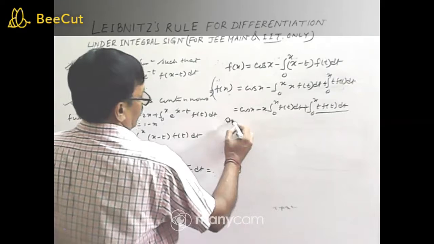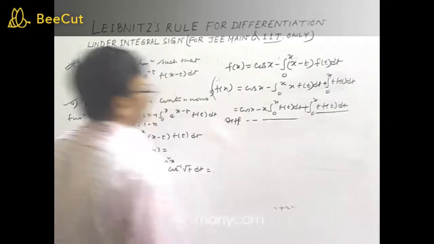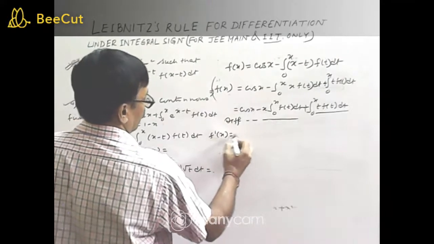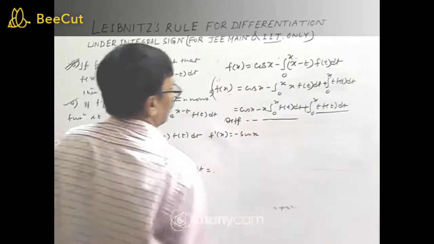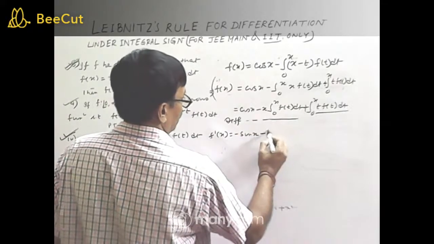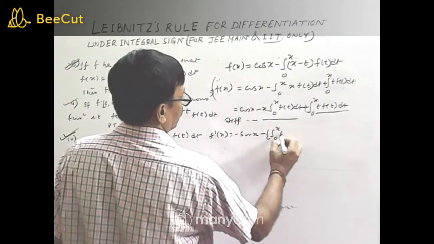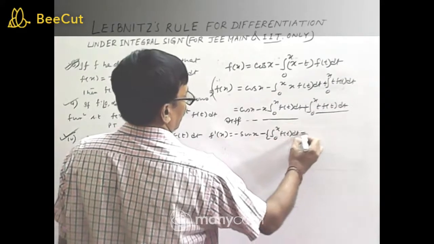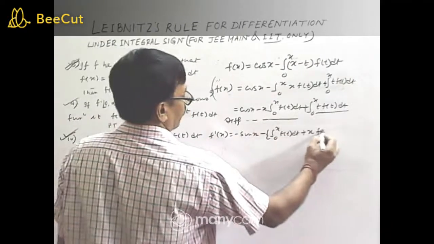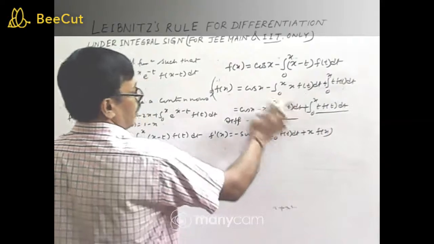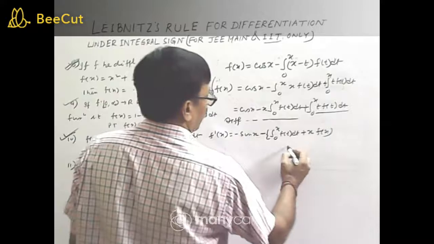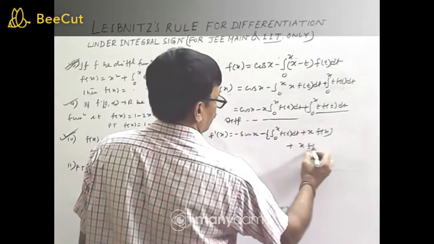So now we can differentiate it, differentiating both sides with respect to x. Now what is f dash x? Minus sin x, and the derivative of this by product. Derivative of x is 1, so integral 0 to x f(t) dt plus x unchanged, and this is f(x), t is replaced by x, and the derivative of x is 1, and the second one is x into f(x).